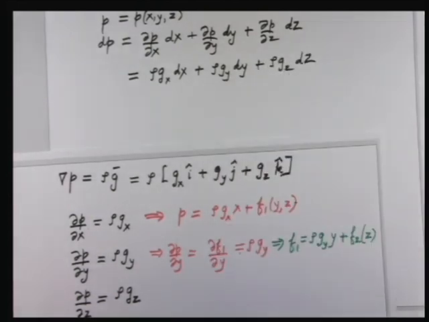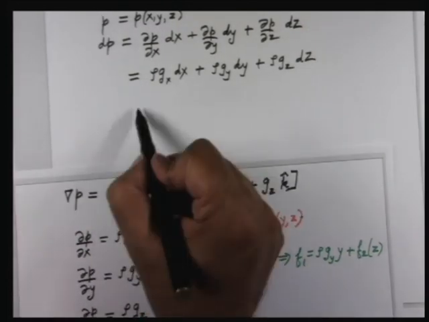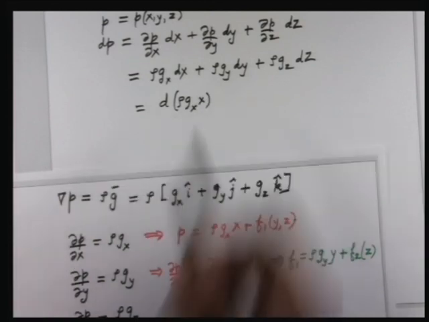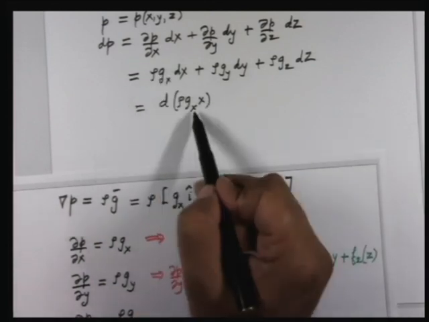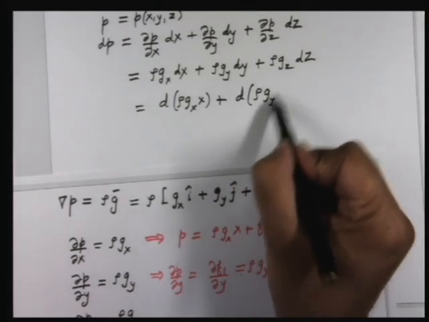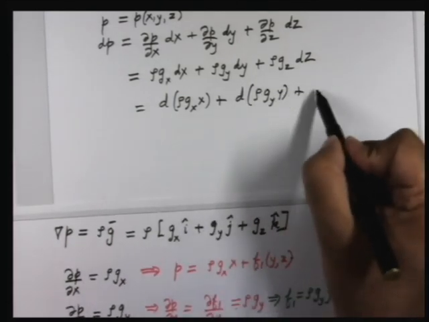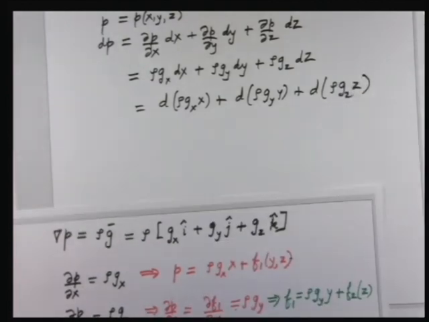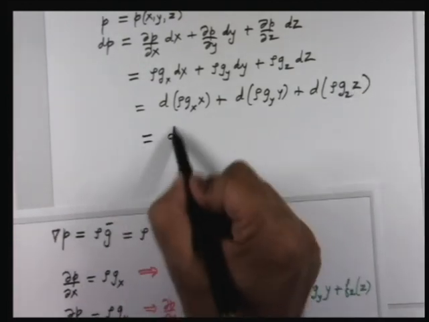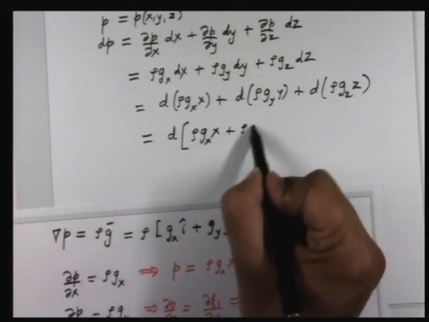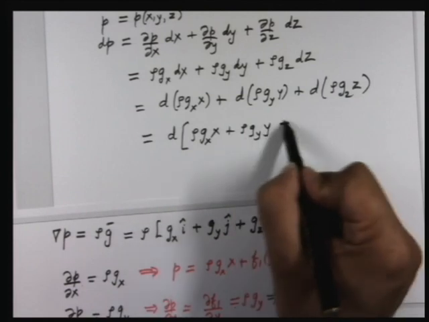Now for the case when rho is a constant, I can write this as d of rho gx x. I can move this rho gx inside. This I can write as d of rho gy y, and this I can write as d of rho gz z. Or I can write it as d of rho gx x plus rho gy y plus rho gz z.